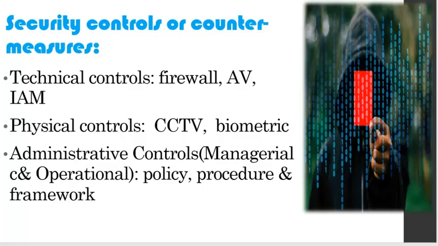If the acceptable use policy, the AUP, is not defined, and what is okay and what is not okay is not defined, then the person managing the control may allow or block something that really need not be allowed or blocked. So the other controls, the administrative, managerial or operational controls, are also very important.